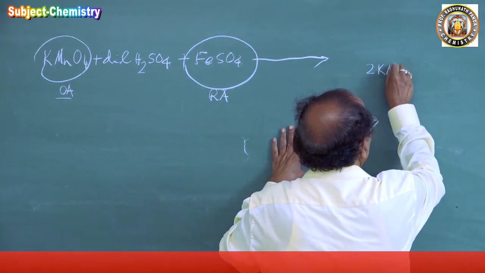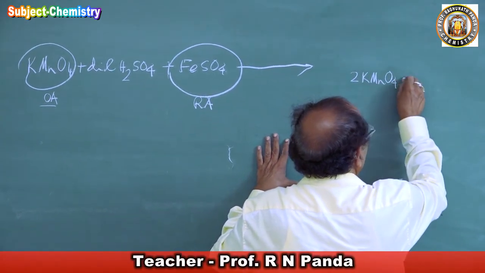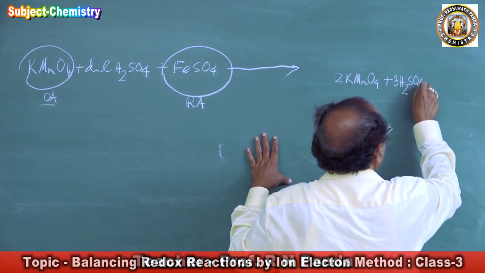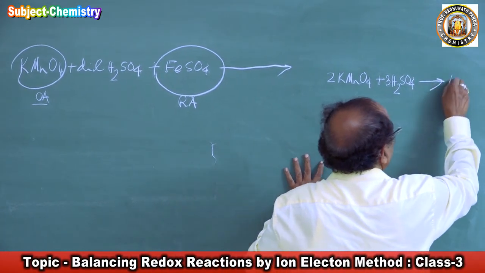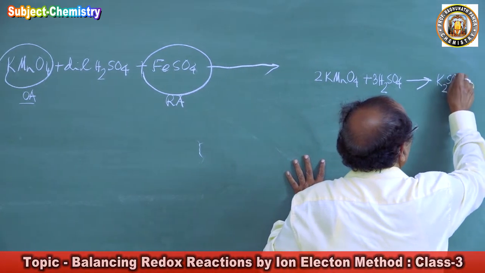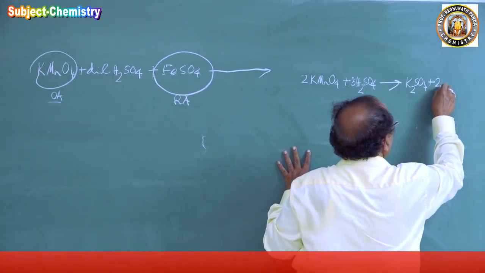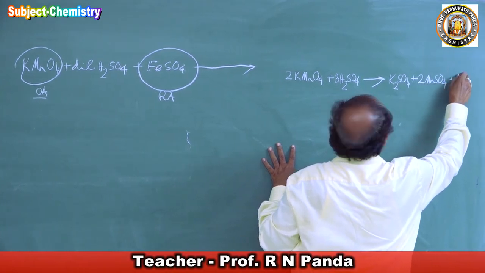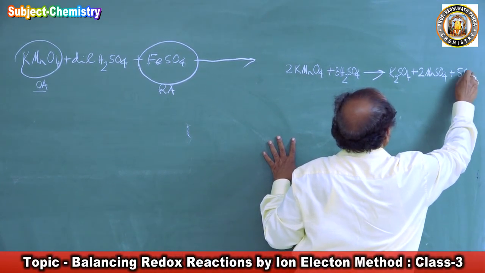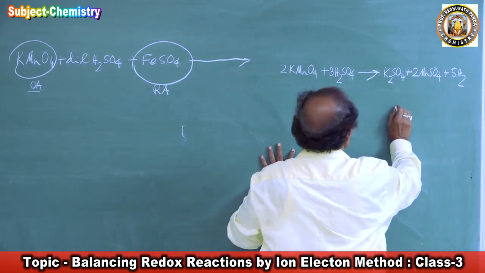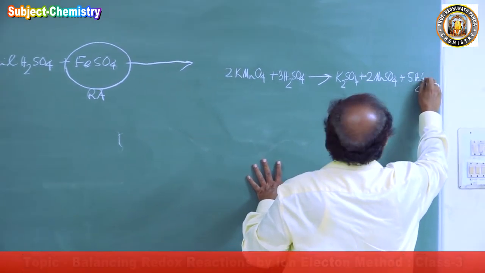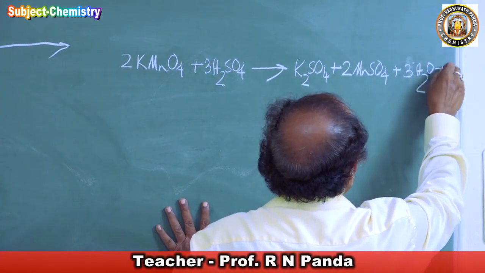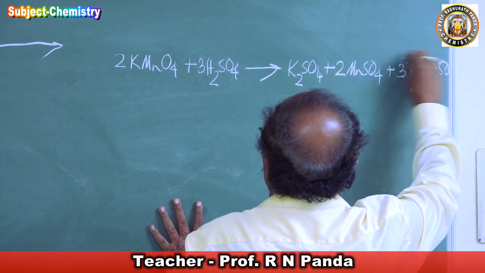The balanced form I am writing is 2 KMnO4 plus 3 H2SO4 gives K2SO4 plus 2 MnSO4 plus 3 water plus 5 O.